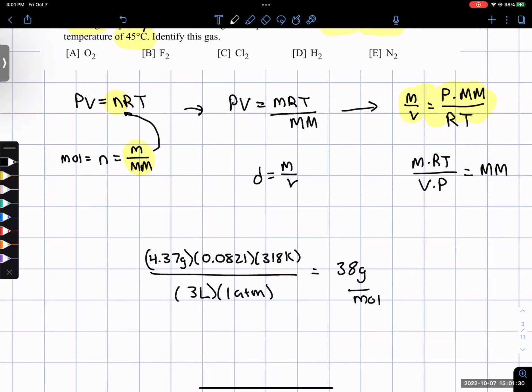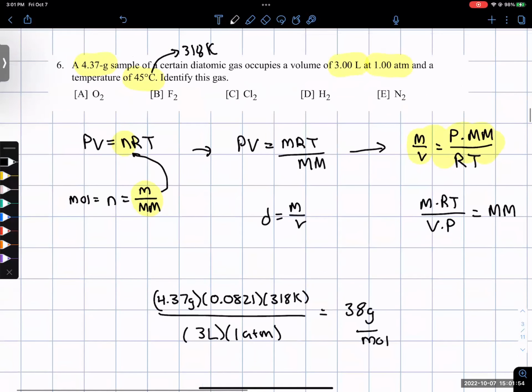And what does that correspond to? It would be B. Yeah, it's okay. So you have to look at the answer choices, Maria. Argon is not an answer choice.